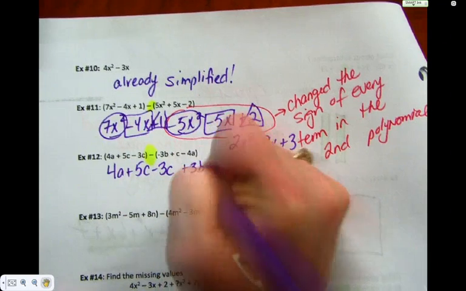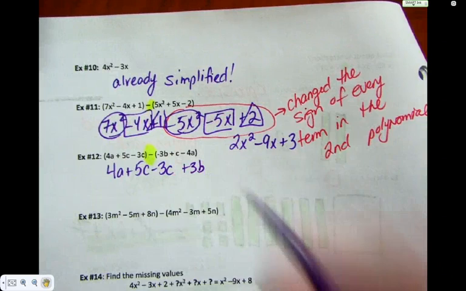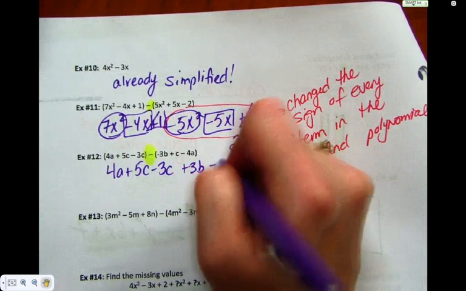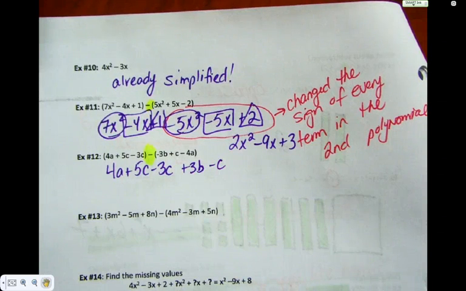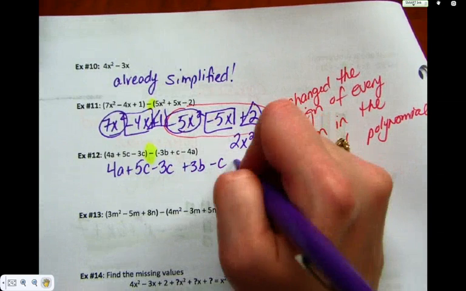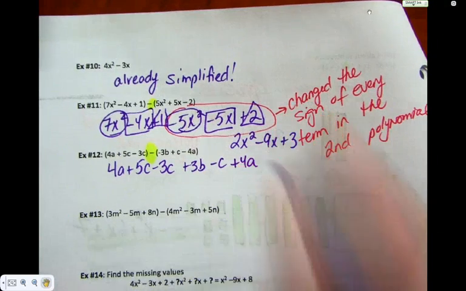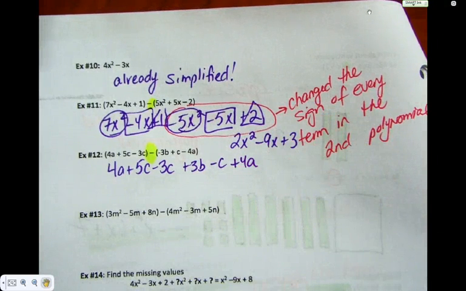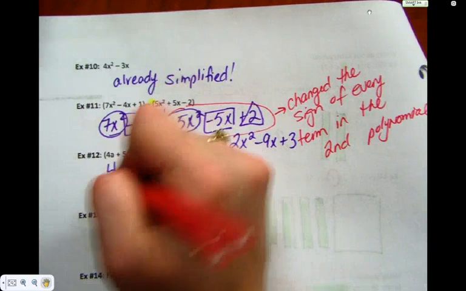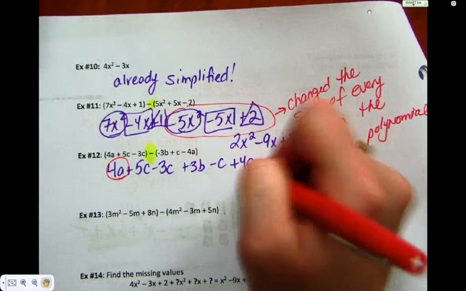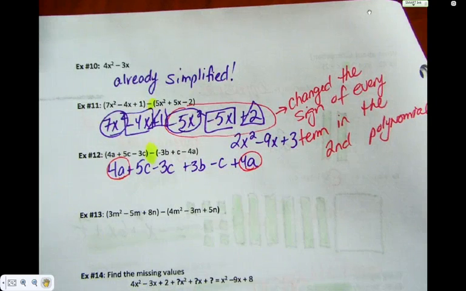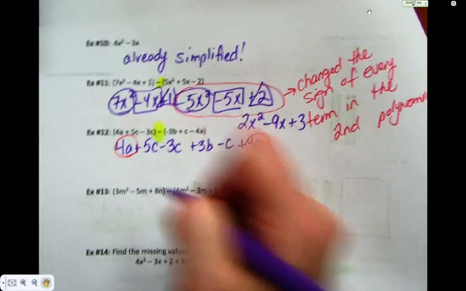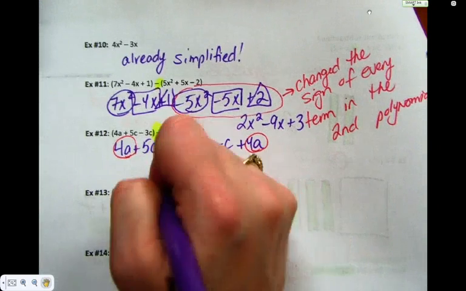Plus 3b. Plus c becomes? Minus c. Minus 4a equals? Plus 4a. Now we just add. I have 4a and I have 4a at the back. How many a's do we have? 8a.